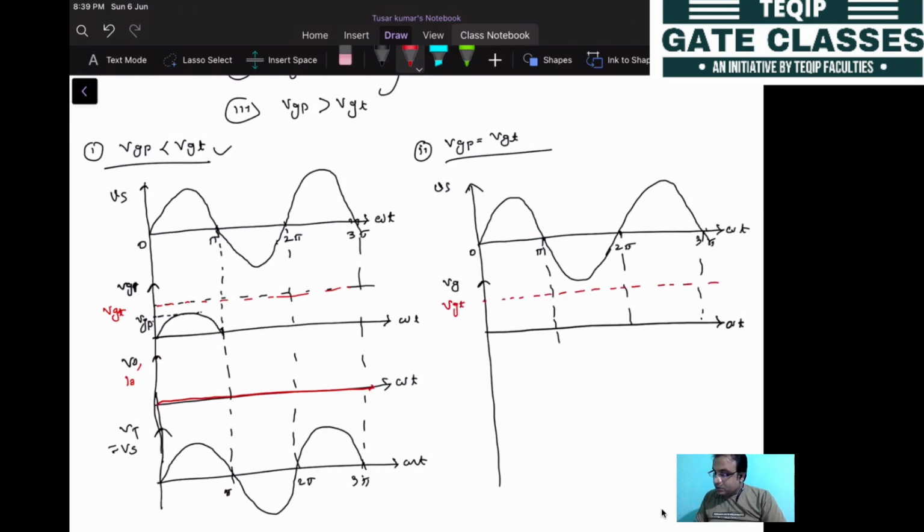Now the voltages are equal. It is a half wave rectifier, so the amplitude increases, and whenever it touches this level, exactly at this location will be pi by 2. So this is pi.